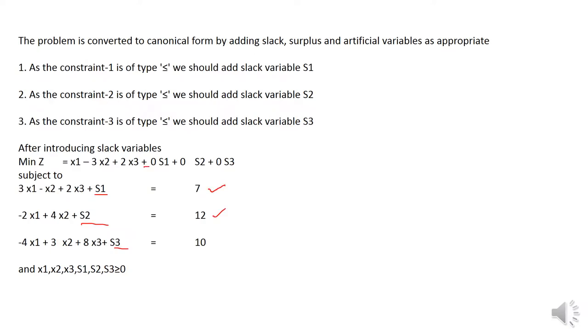The constraints are the same, and in the objective function, which is of minimization type, 0 into S1 plus 0 into S2 plus 0 into S3, and all the 6 variables are greater than or equal to 0. Now we will be solving this problem.